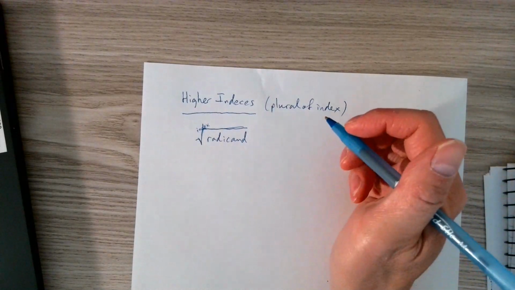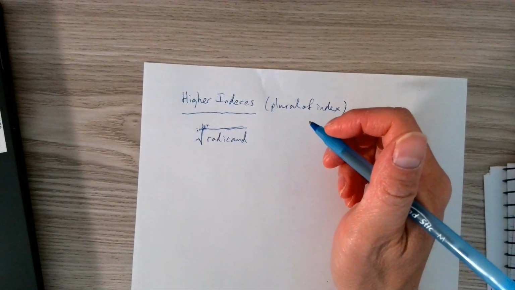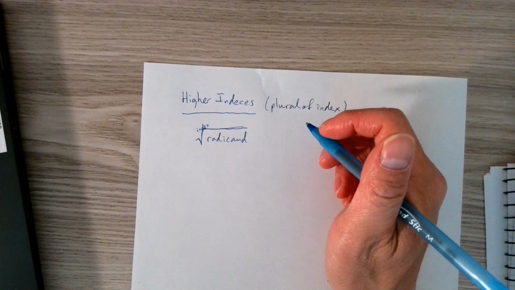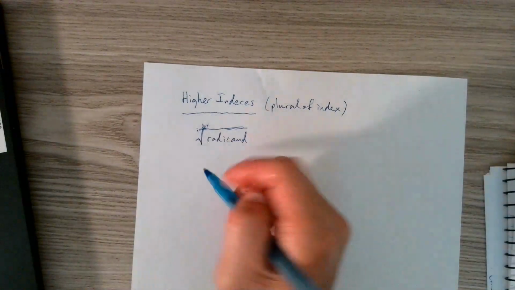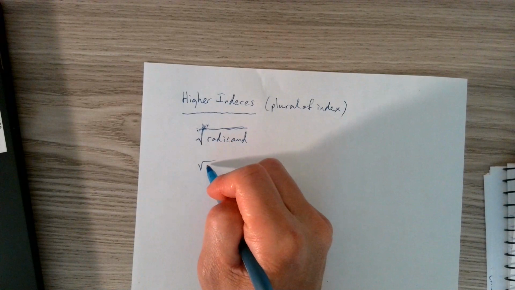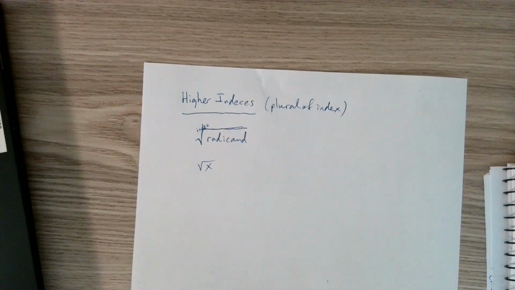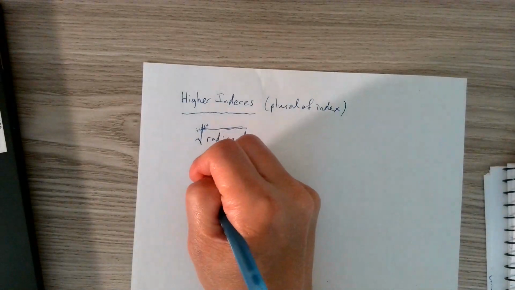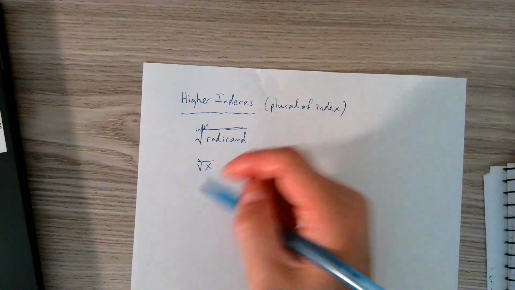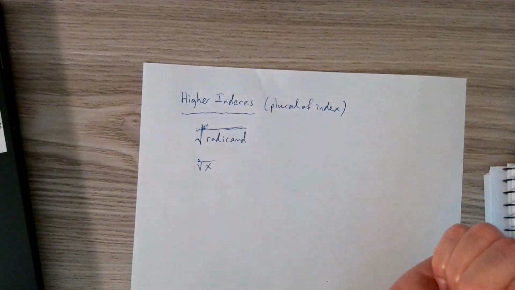Sometimes you won't see a number there, but there's always a number there in spirit. When I see radical x with no number there, this is what I mean by it's there in spirit. There's actually a 2 there because radical x with nothing there means square root.